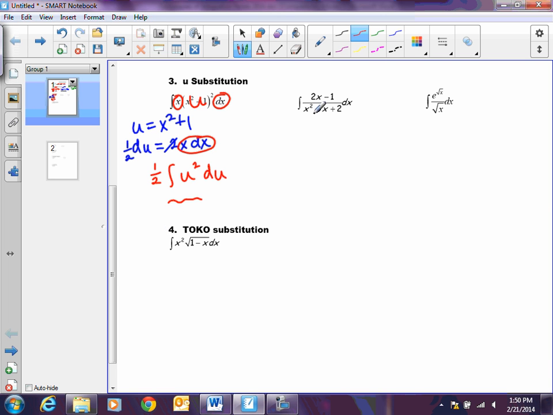All right. So the middle problem, how do you know this one's a u substitution? Okay, here's what I want you to do. I want you to write on your paper what u equals and what du equals. Go ahead and write that on your paper. And then I'm going to ask you the question again.